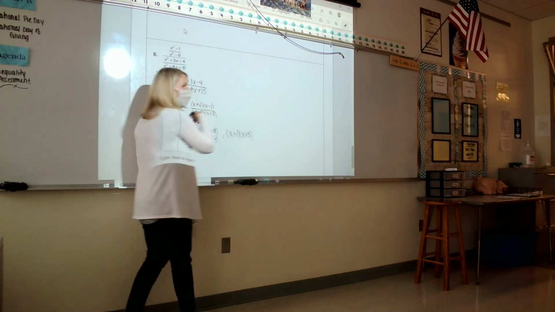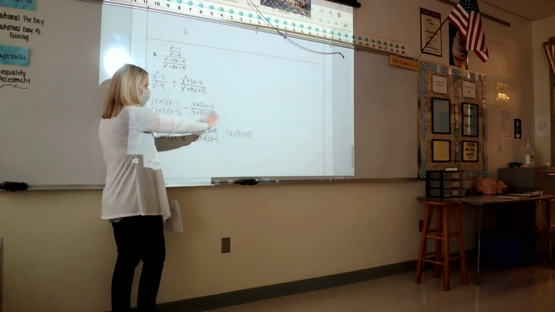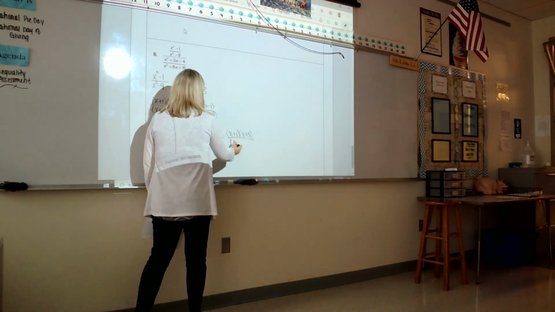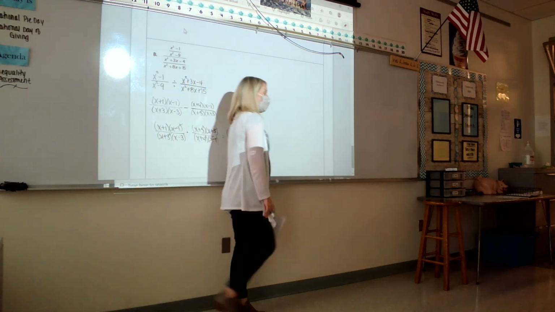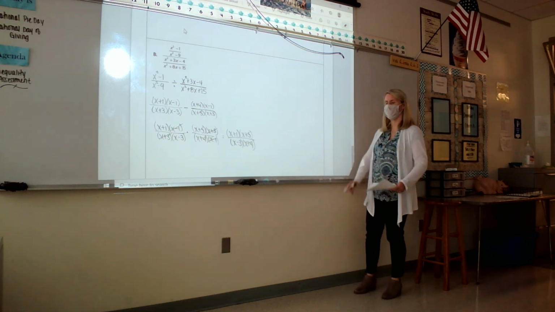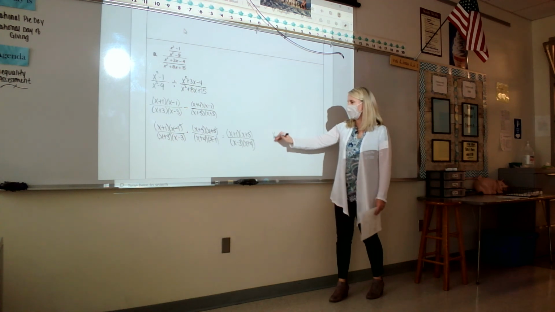Once again, don't distribute that out. Just leave it like that. Don't do more work than you have to do. If I say in factored form, that's how it should be. Over x minus 3, x plus 4. That's your final answer. There's nothing else we can do to simplify. There's nothing else that's going to reduce from there. We just need to write our domain restrictions.